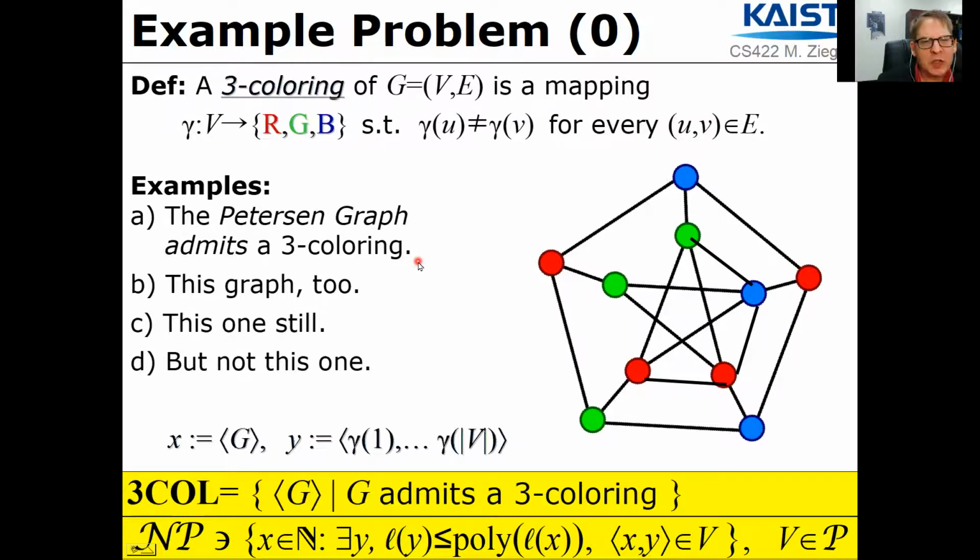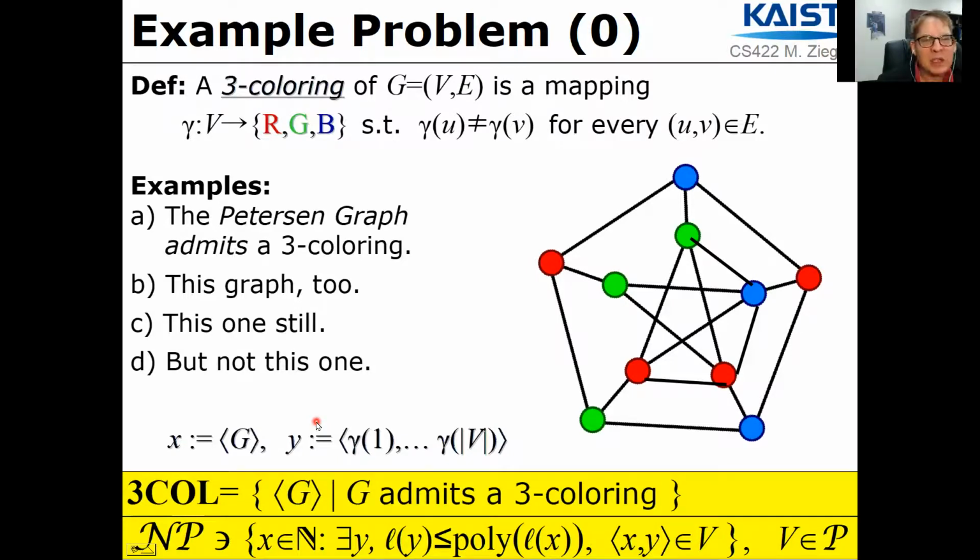So long story short, choose as X the encoding of the graph, and choose as Y the encoding of this table that assigns to every vertex present its color, one of the 3 colors, and together this will form a witness which has at most polynomial length, and that can be verified in polynomial time.